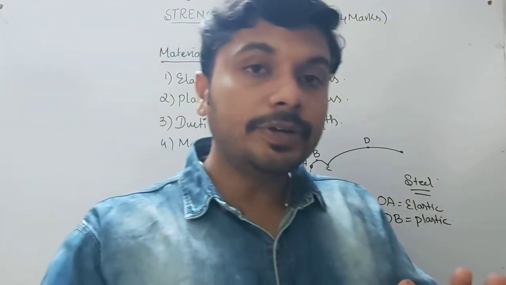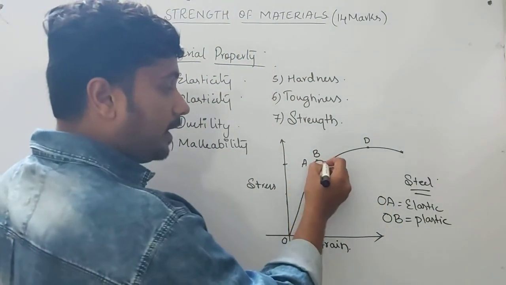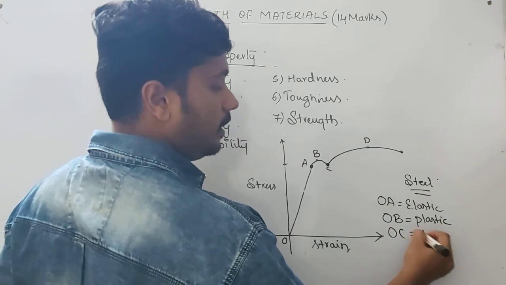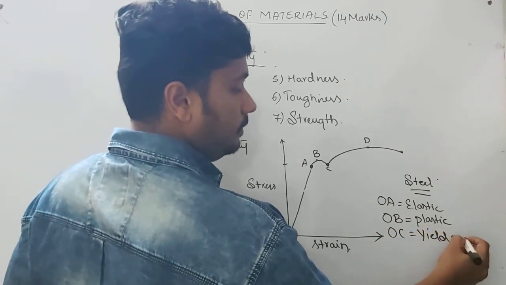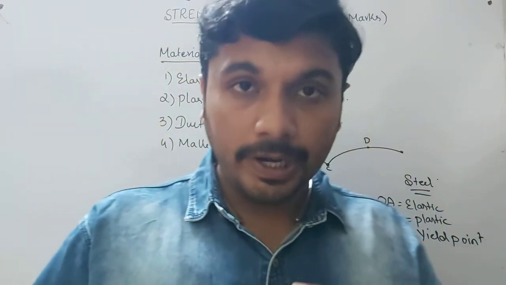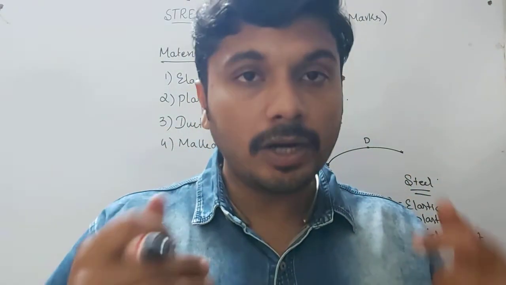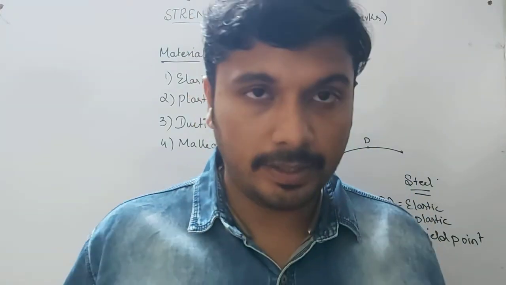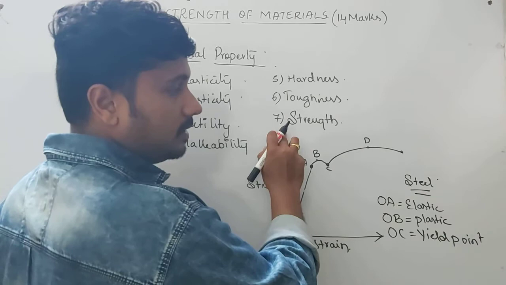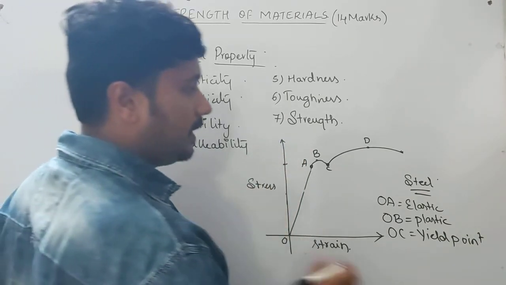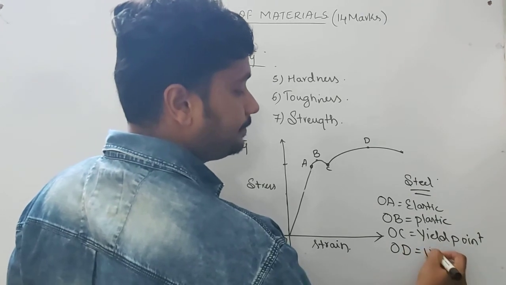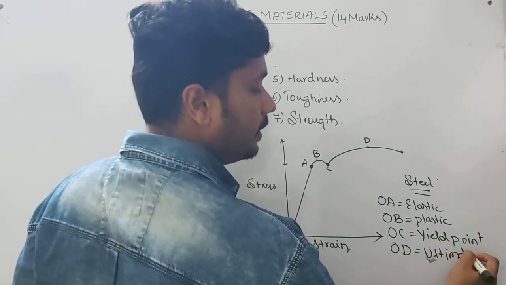It doesn't come back to its original position. Then it goes to the yield point. So OC is nothing but the yield point. Yield point means the body has lost its elastic property but has not broken. So that is very, very important. If I apply a little more stress or force, it goes to OD, that is the ultimate strength.